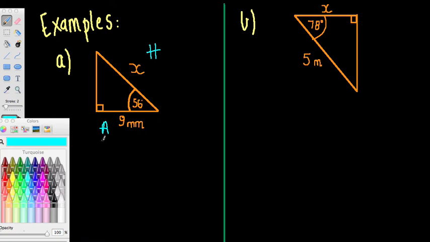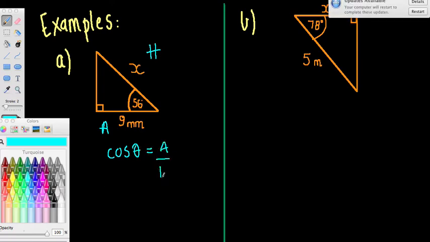All right, so let's start off. We've got A and we've got H, and we know that there is a ratio. Cos theta equals A over H. So just like we did with the sine ratio, we're going to substitute these values that we know from our triangle into this rule, and we're going to use this special ratio to solve for x.